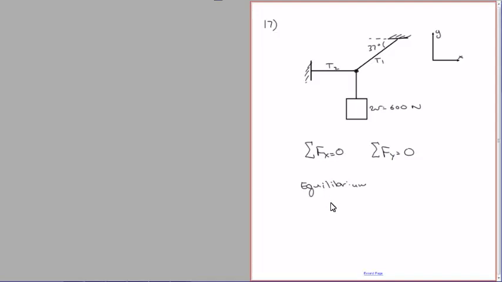Okay, so what we do is we draw a free body diagram around this point, and that shows all the forces that are acting on that point. So we're going to have three forces. We're going to have the force that's pulling in this direction, a force pulling horizontally in that direction, and a force pulling downward in that direction.